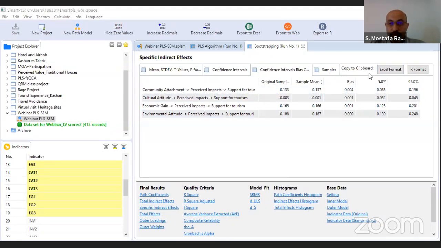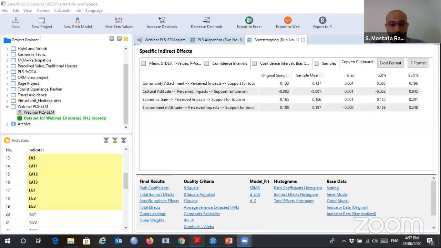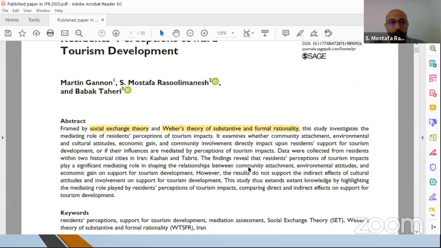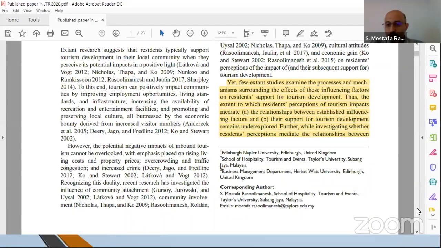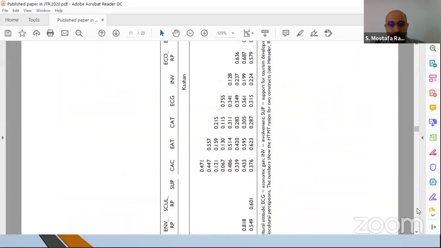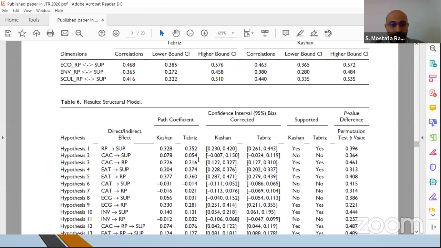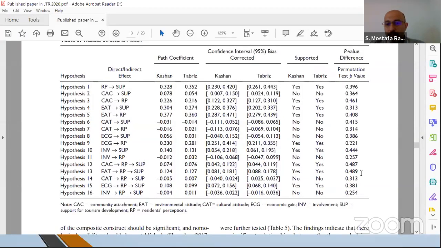Let me show this one in our paper. For example, okay, this is our paper. Okay, here you can see indirect effects.